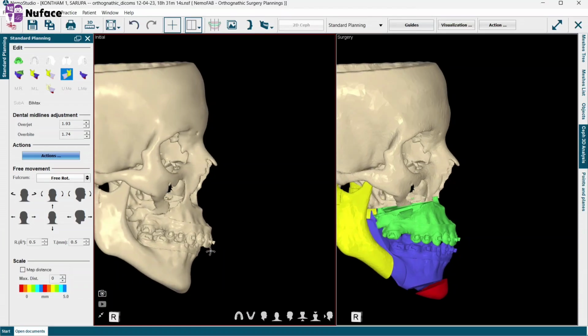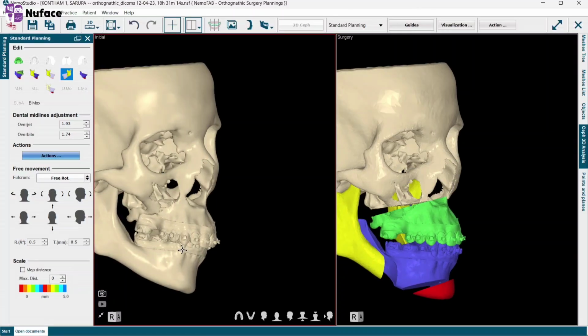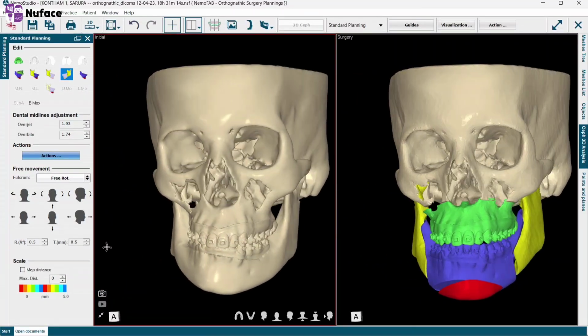So with these modern softwares, virtual treatment planning could be a reality. I think Dr. Parit would elaborate more on virtual surgical planning and how we can get more predictable surgical outcomes with those softwares. Right. So basically, with the advent of virtual surgical planning, we can avoid all the manual tedious tasks that were happening before, like how sir has mentioned.